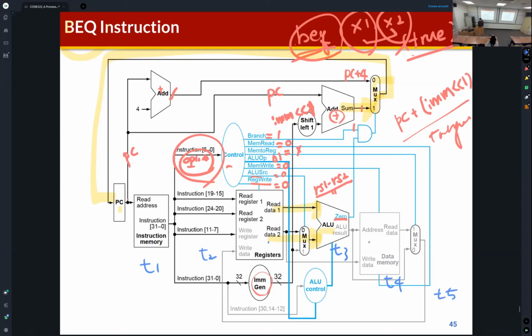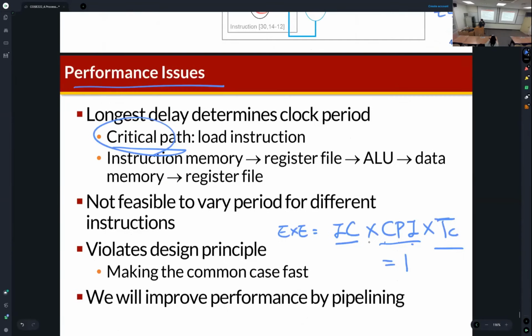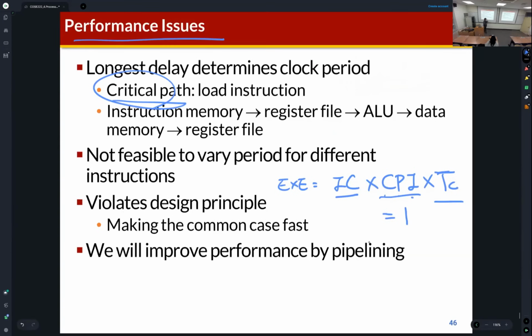So what does that mean? Because each hardware component has delays, in order to execute a single instruction, these delays need to be accumulated.